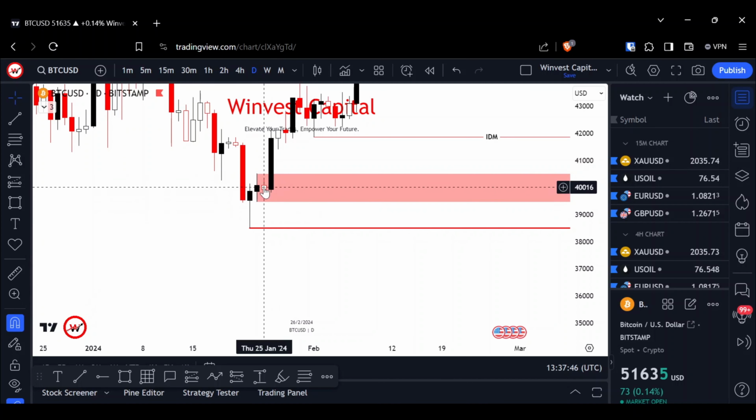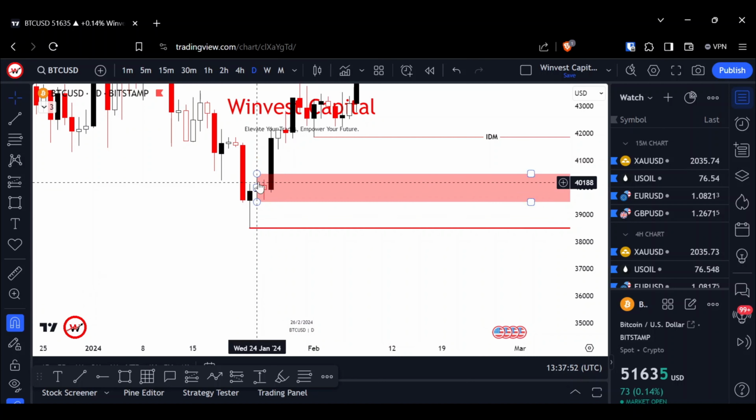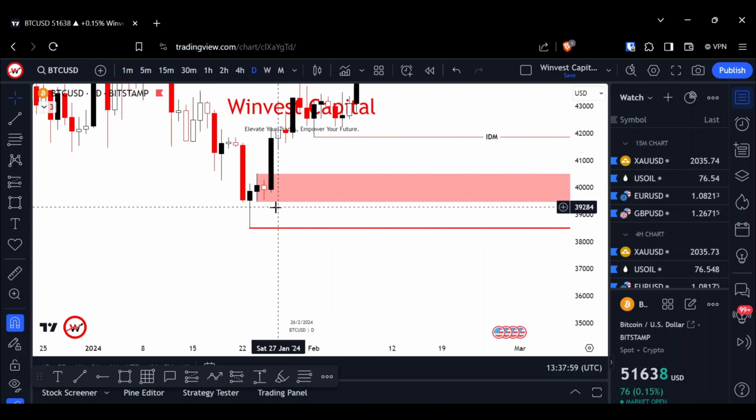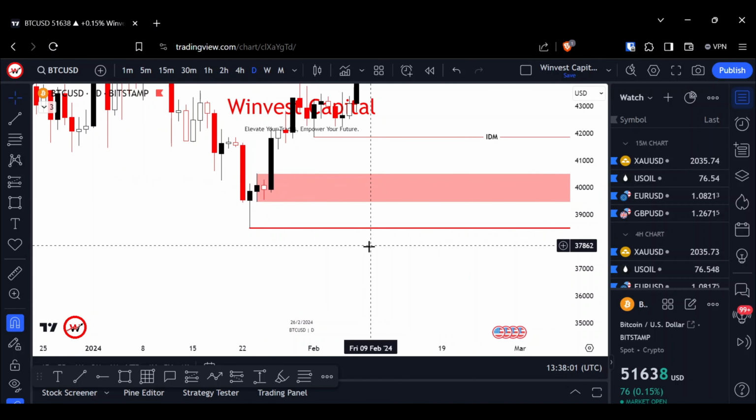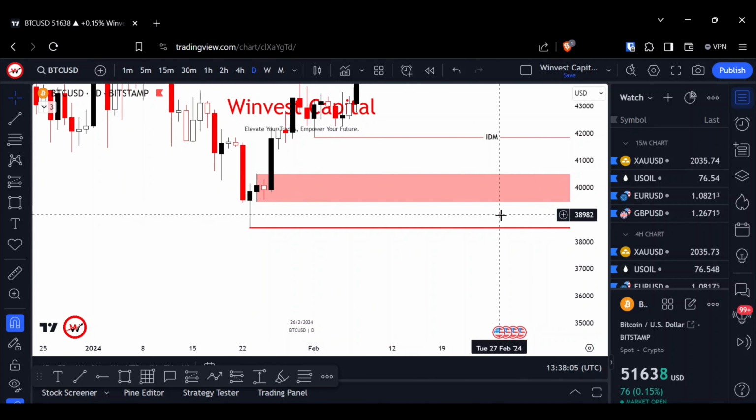This is an inside bar, so this one doesn't exist. But because it is mitigated, we tend to go over to the next candle and see if it is mitigated. And this one is not, so this would be our valid order block.